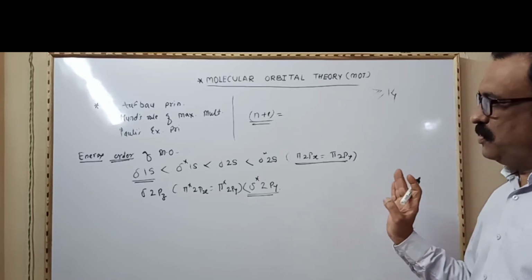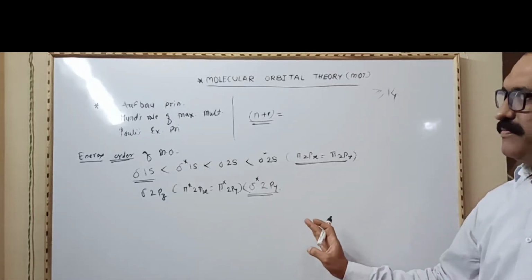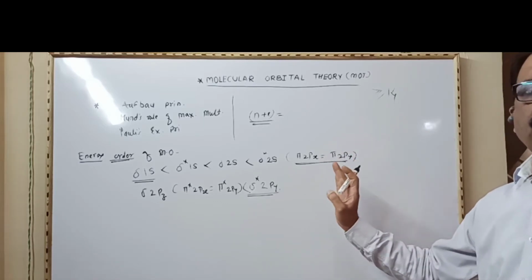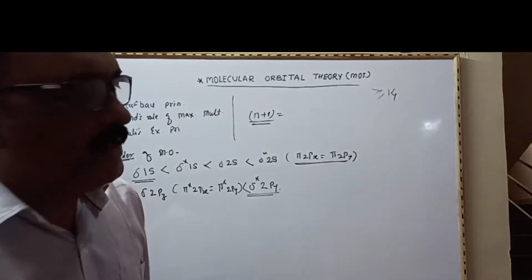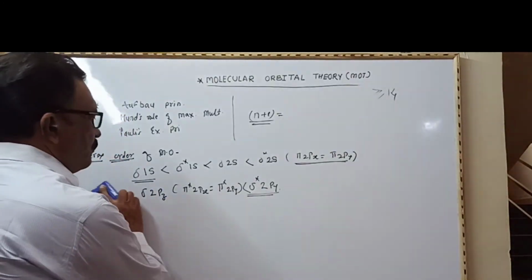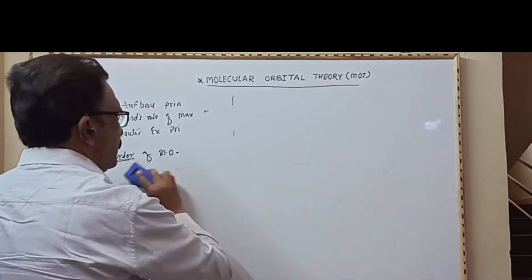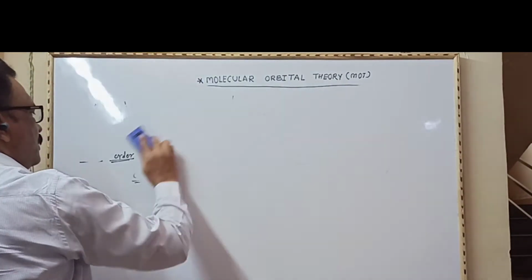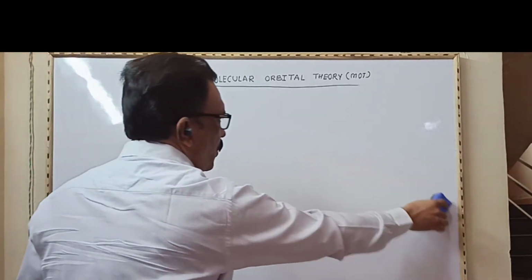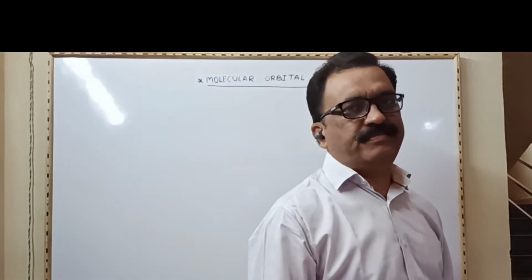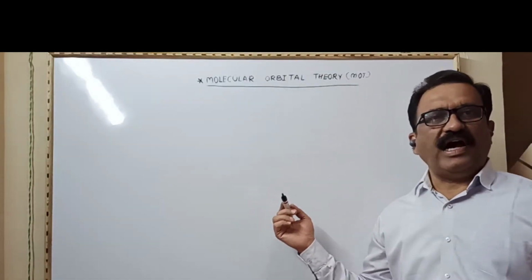Now, we will discuss the formation of the hydrogen molecule with the help of molecular orbital theory. Initially, the formation of the hydrogen molecule is explained on the basis of a potential energy diagram, that is, overlapping of atomic orbitals gives the formation of the hydrogen molecule.